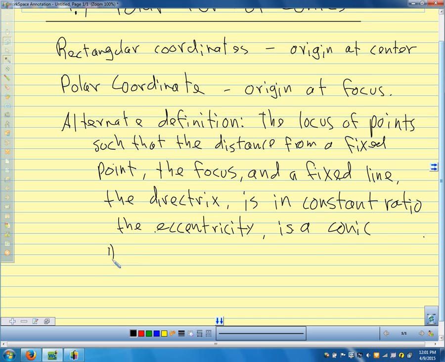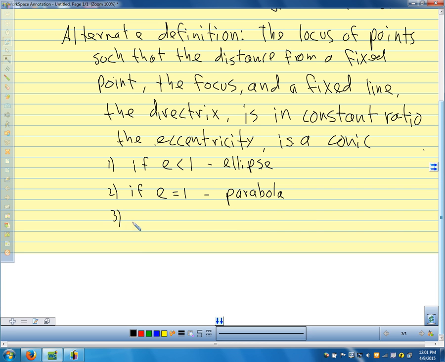We're just going to talk about three conics. We're not going to talk about circles with this definition. If E is less than 1, our eccentricity is less than 1, we have an ellipse. So if that ratio is less than 1, we get an ellipse. If E equals 1, the eccentricity equals 1, we have a parabola. And if E is greater than 1, we have a hyperbola.